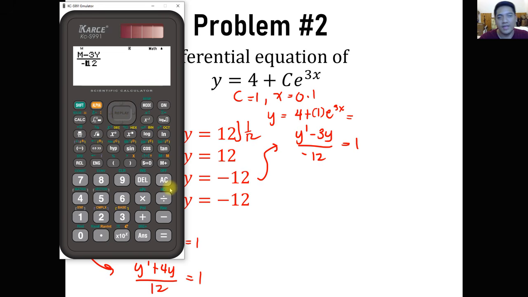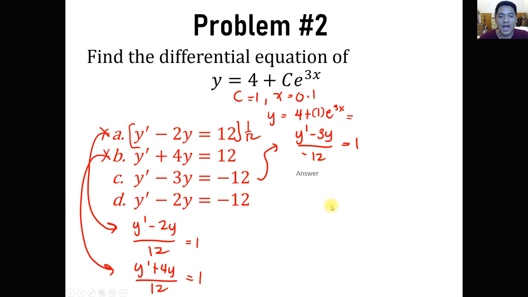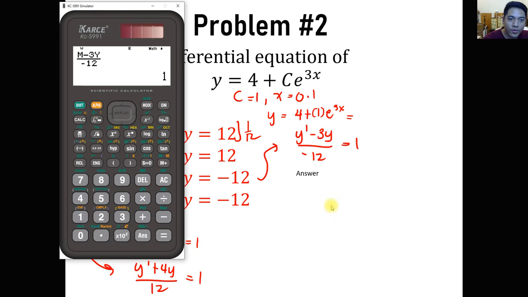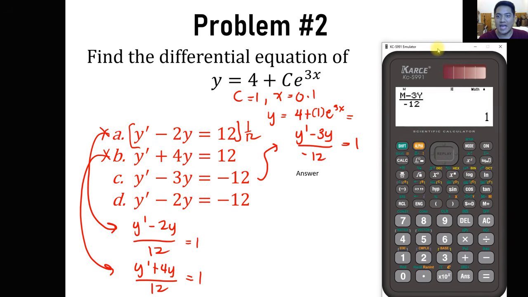So don't forget the negative sign. So if we wish to calculate this, giving this value that we have stored, m, y, and x, my, so that will be, the answer is 1. So definitely the answer is C. It equates to 1, so definitely that's the answer.